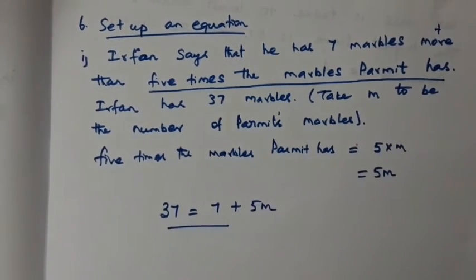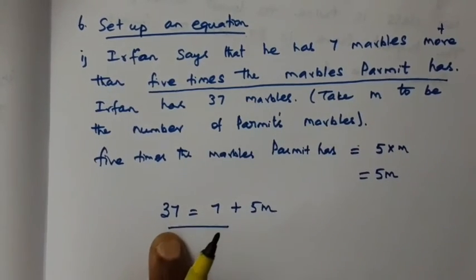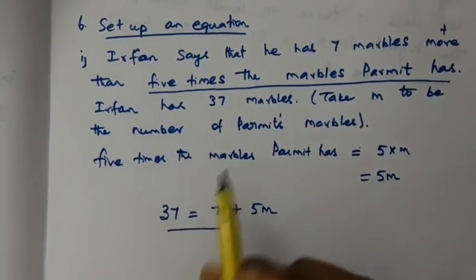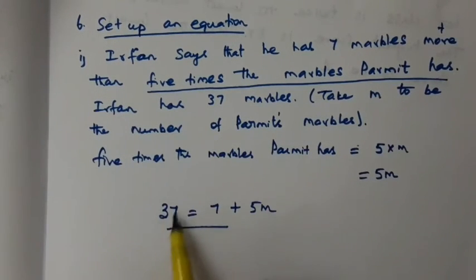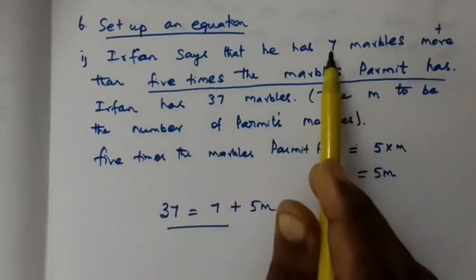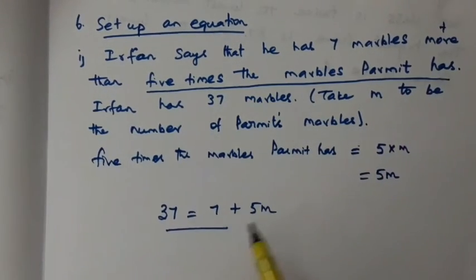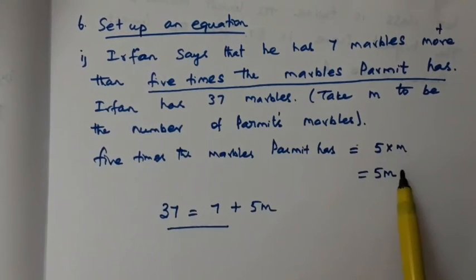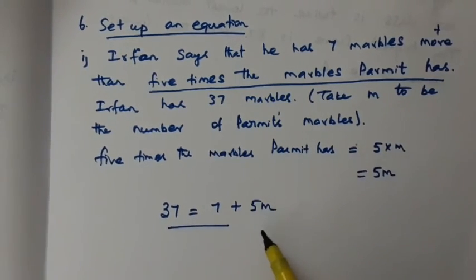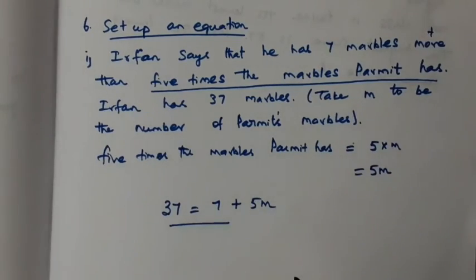This is the equation. So 37 equal to 7 plus 5m.